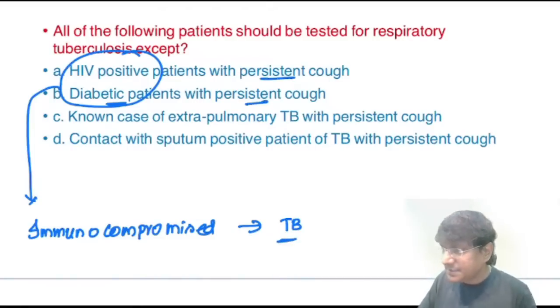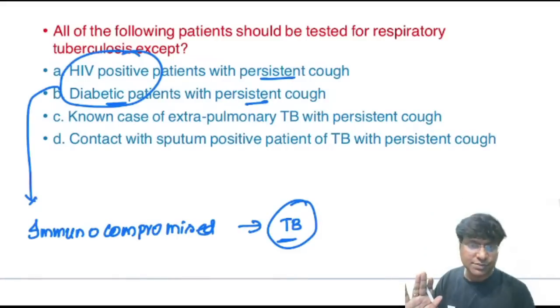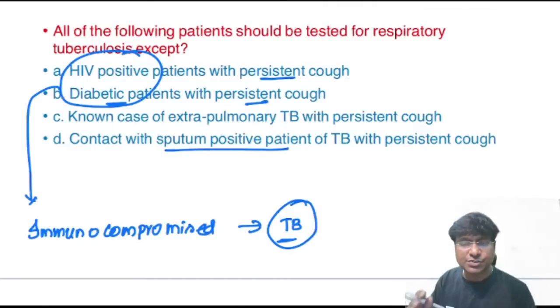So in a patient having persistent cough in an immunocompromised state, definitely you should think of tuberculosis. And contact with a sputum positive patient of tuberculosis with persistent cough, that is not a definitive diagnosis, but definitely tells that the individual might be suffering with tuberculosis. But the point which is incorrect here is known case of extrapulmonary tuberculosis.